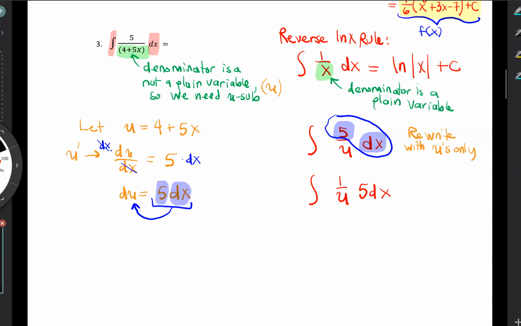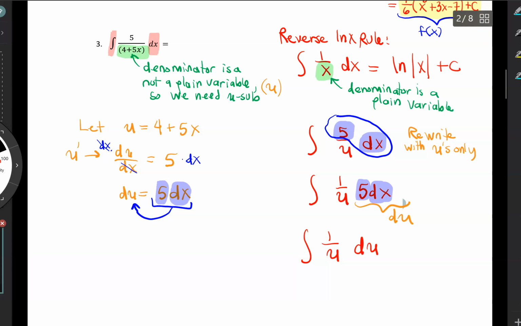And then I can see I have all the building blocks I need. I have the 5. I have the dx. I'm going to replace that with my du. So now I can rewrite this as 1 over u du. Okay, so now it fits my rule.